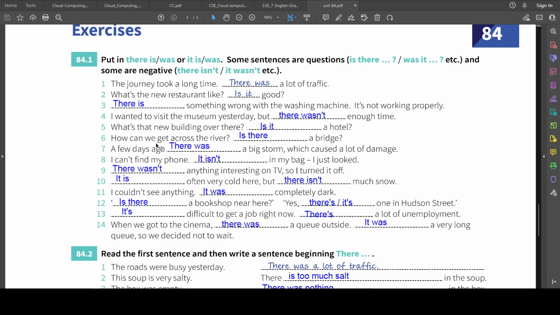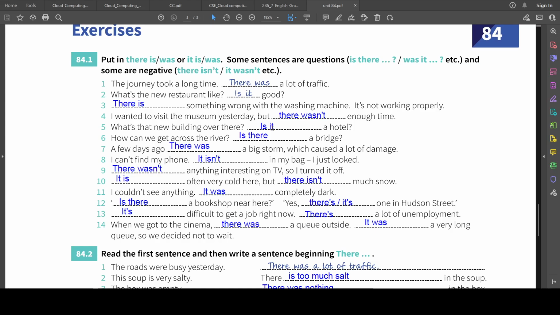The next one. What's that new building over there? Is it a hotel? So we're using it in order to refer to the building, you know.